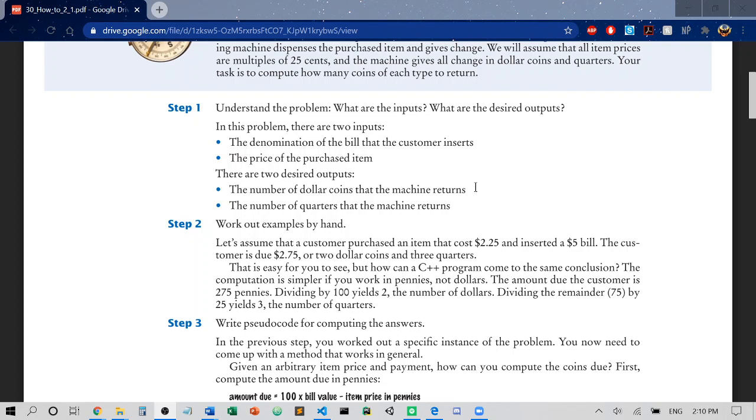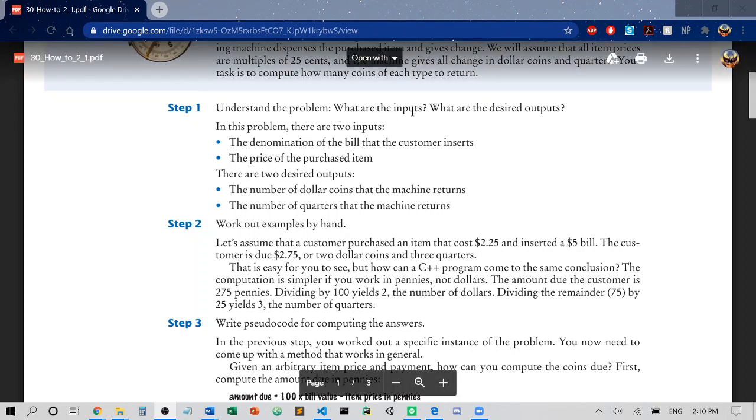using the machine. So we have to identify the inputs. That's usually the first step with any kind of word problem. So where are the inputs and what are we getting as our desired outputs? Can we predict what we should throw into the program, and can we predict what we're going to get out of the program?